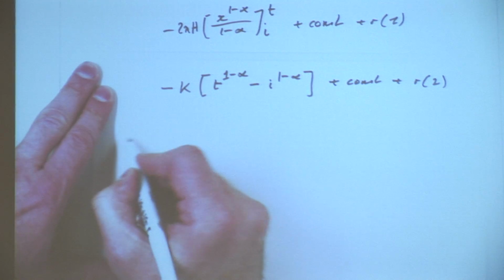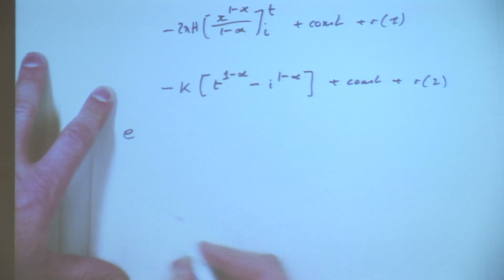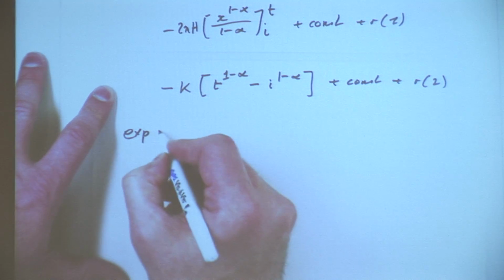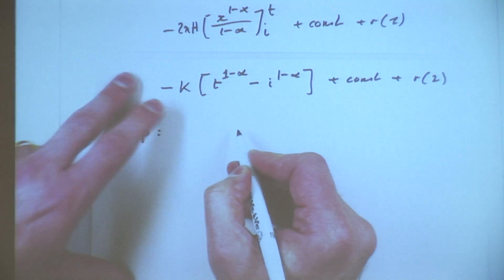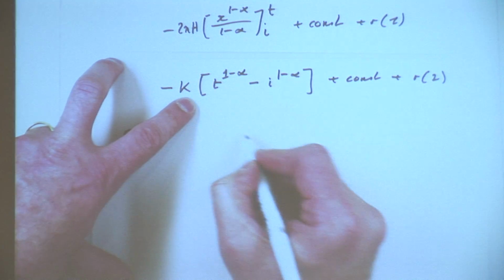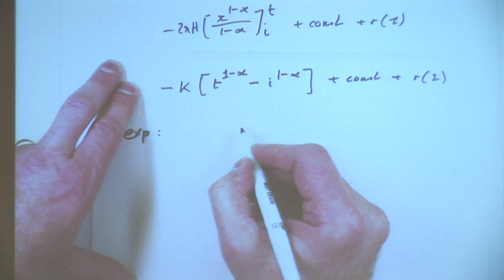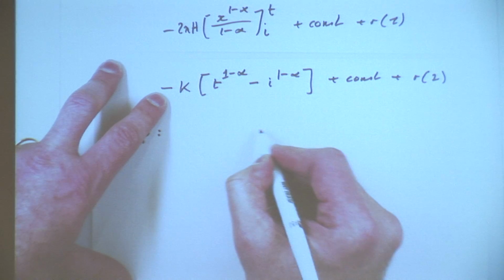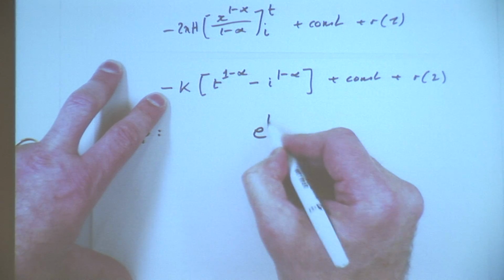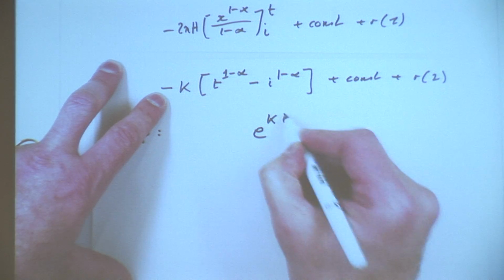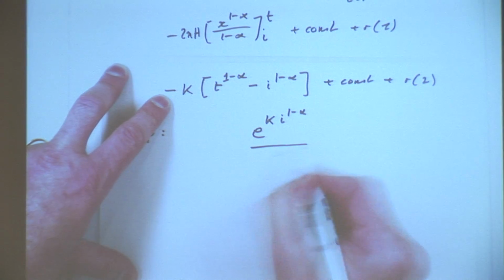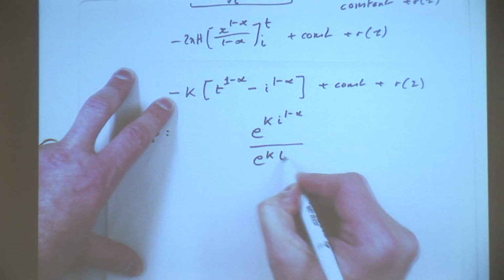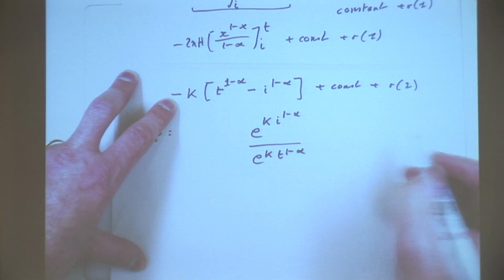And if I take the exponential of this to go back to my product, I get something that doesn't look very pretty. There is a minus here, so I get exponential of k i to the 1 minus alpha over exponential of k t to the 1 minus alpha.